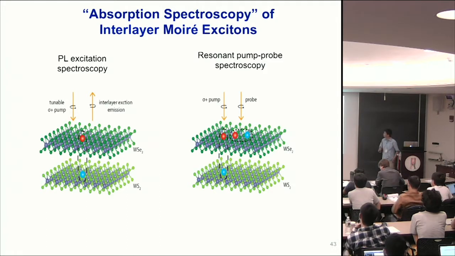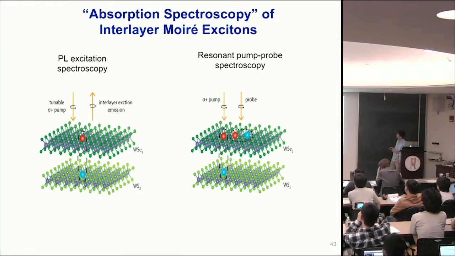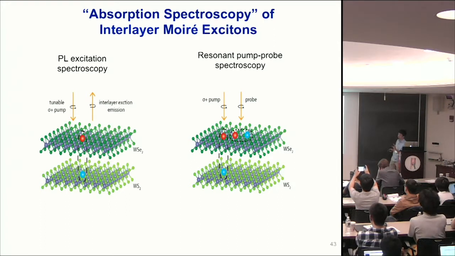Another kind of background-free absorption measurement can be done, again, with pump probe spectroscopy. In this case, we first excite an interlayer exciton. Even if it has a very weak absorption cross-section, you can create some of them.